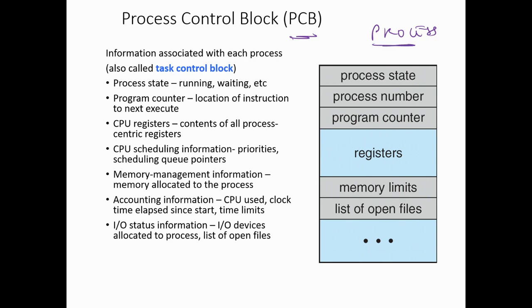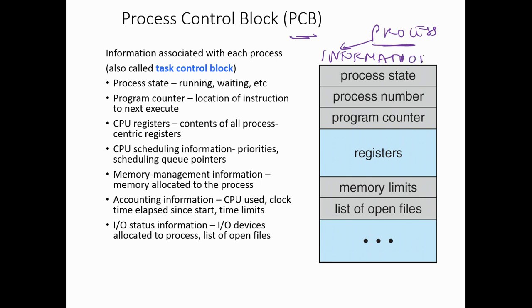We talked about stack, heap, text block, data, program counter, etc. So there is information associated with each process. Why? Because we execute it to get some output, which is the information we get from it.